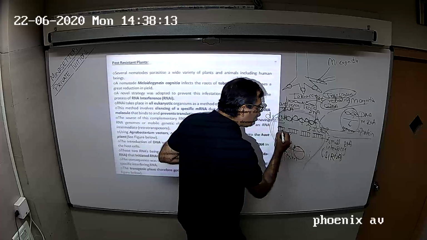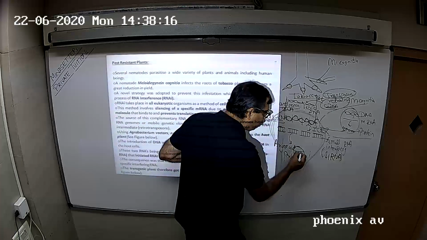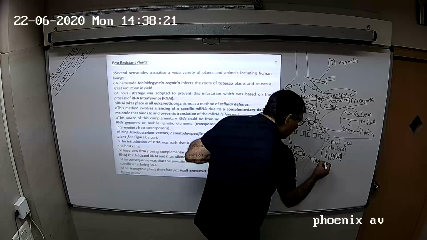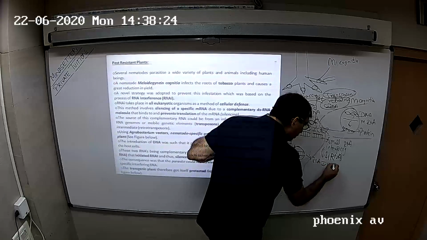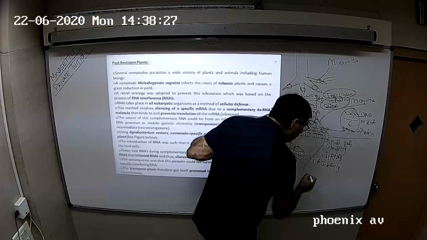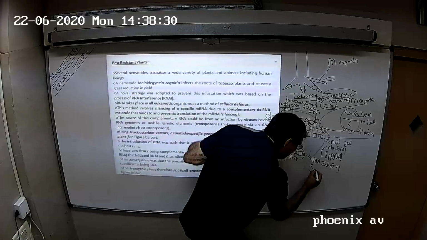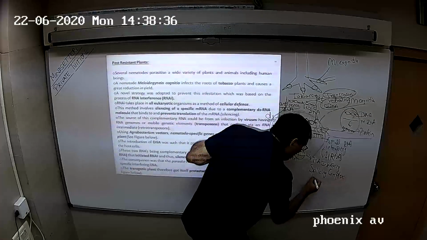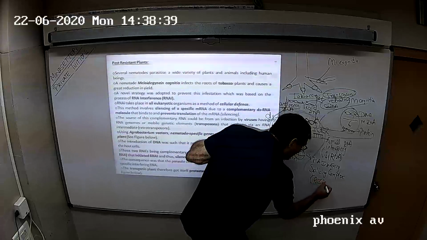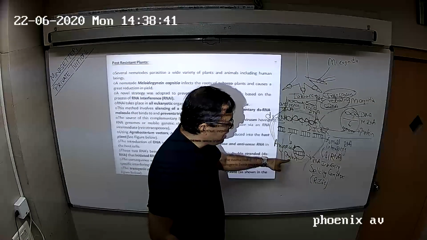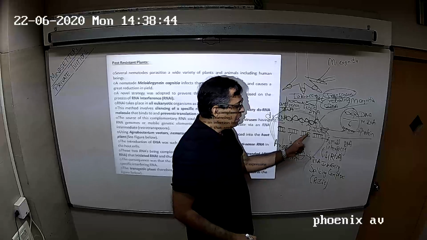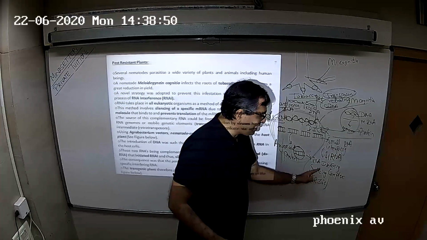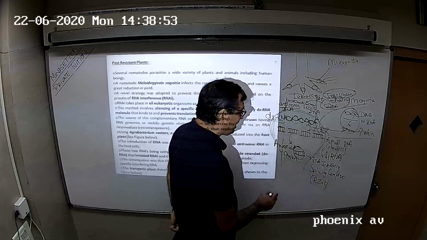The small interfering RNA attaches on it, which is now called the RNA-induced silencing complex, RISC. The Argonaute protein with the small interfering RNA forms the RISC.